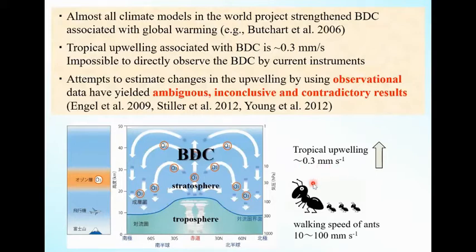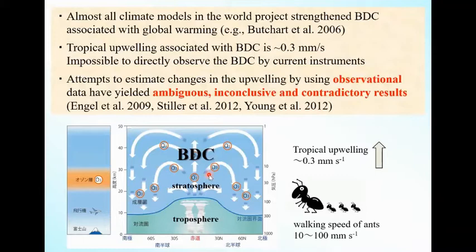For example, the walking speed of ants is about 10 to 100 millimeters per second. So you can imagine that this tropical upwelling is very slow. So with current instruments, it is totally impossible to directly observe the Brewer-Dobson circulation.